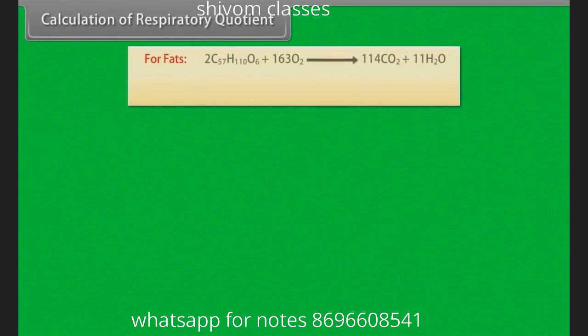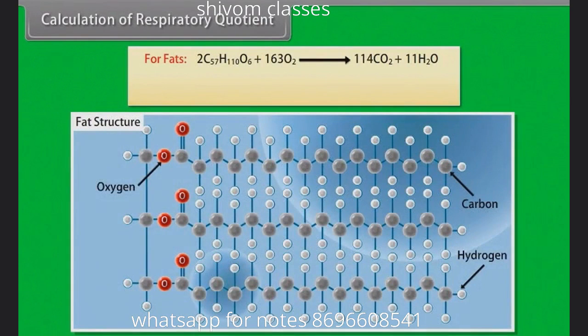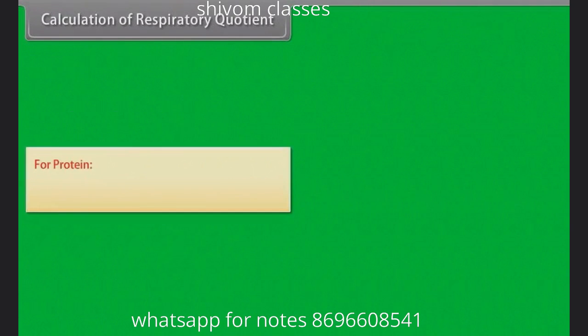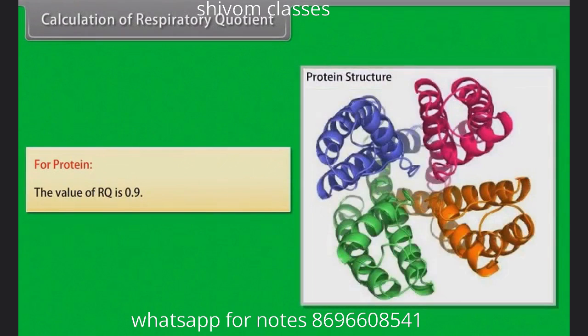For fats, 2C57H110O6 plus 163O2 gives 114CO2 plus 110H2O. Respiratory quotient is equal to 114 CO2 by 163 O2 is equal to 0.7. For protein, the value of respiratory quotient is 0.9.